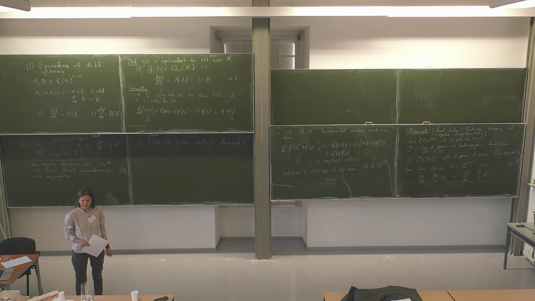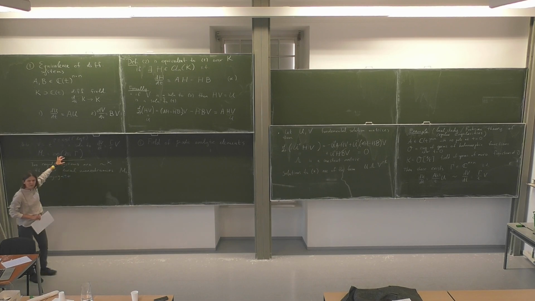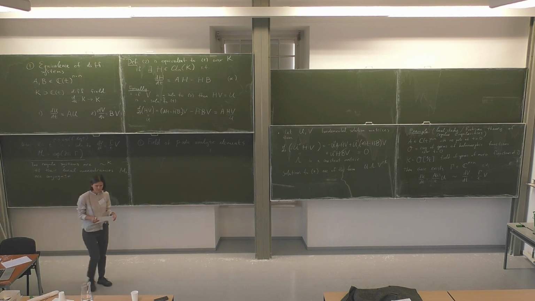If we look at eigenvalues, they are called local exponents. But as we know, if we transform the system, local exponents will change by adding multiples of 2 pi i. But eigenvalues of this matrix will not change. This is an invariant of equivalence over this field of meromorphic functions.